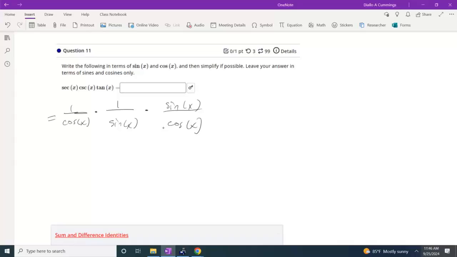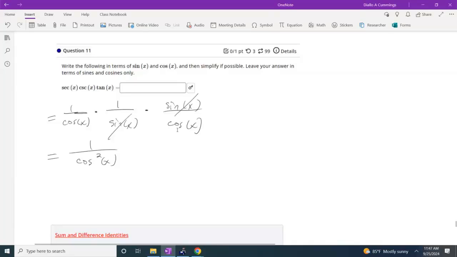So I can cross cancel my sines, but I can't cross cancel the cosines because they're in the denominator. So now I can multiply my numerator. So in the numerator, I'm going to have 1. And in the denominator, I have cosine times cosine, which gives us what? Cosine squared x.